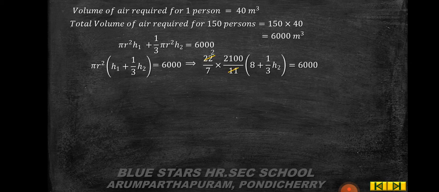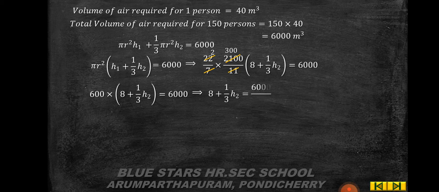So 11 and 22 gets cancelled 2 times and 7 and 2100 gets cancelled 300 times, which is equal to 600 into 8 plus 1/3 into H2 is equal to 6000, which implies 8 plus 1/3 into H2 is equal to 6000/600.